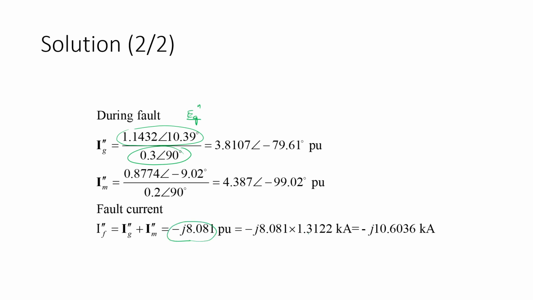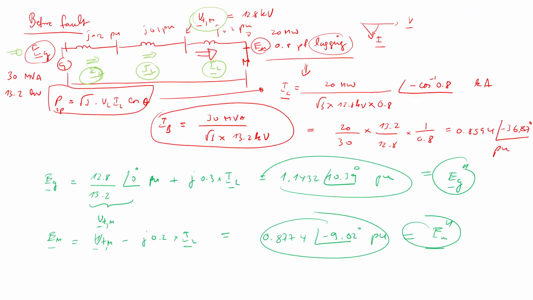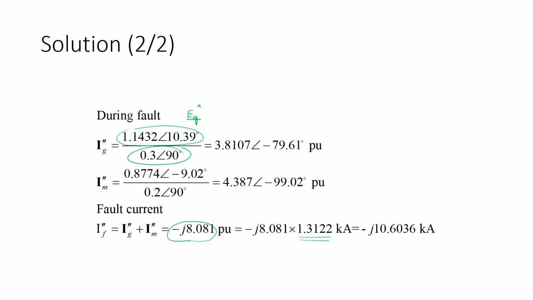You just multiply this by the base quantity, the I base, which I think we computed somewhere. This is your I base, which is here. The value is 1.3122 kiloamps, right? So you can see that the fault current is minus j10.6 kiloamperes, right?